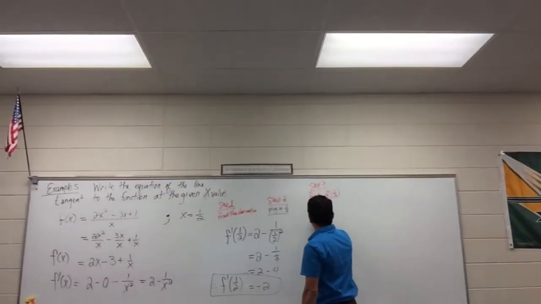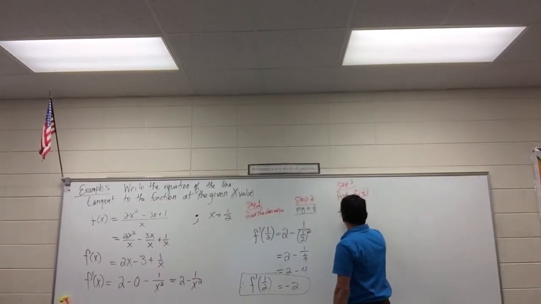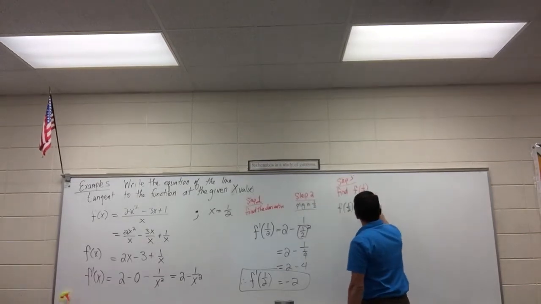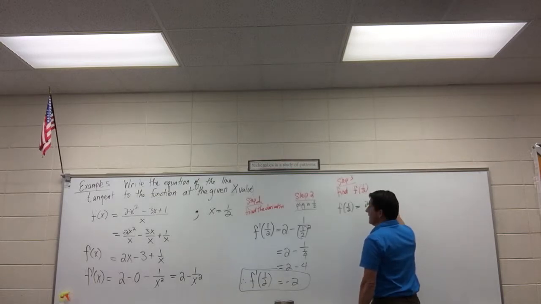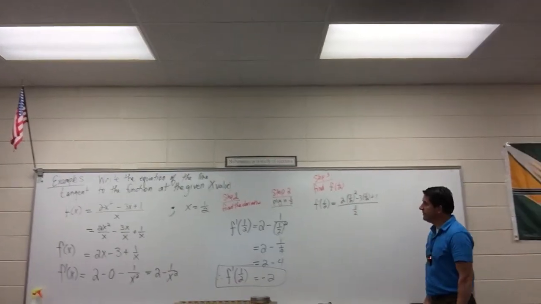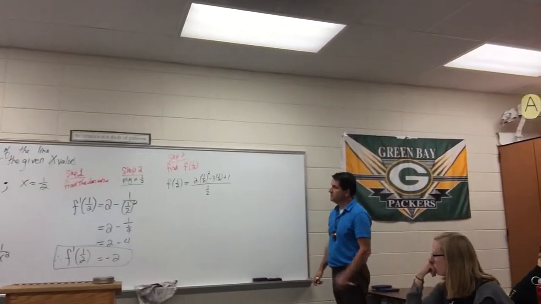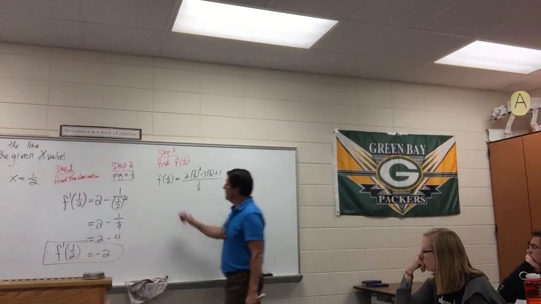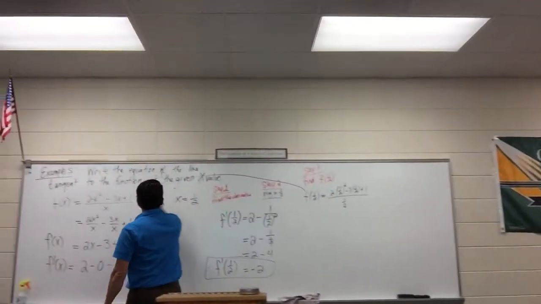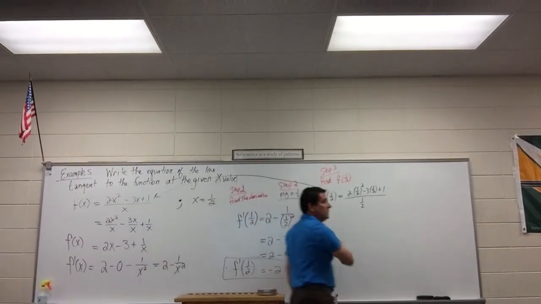So what is f of 1/2? Okay, here we go. 2 times a half squared minus 3 times a half plus 1 all over a half. Notice that we're going back to the original function to find the point.